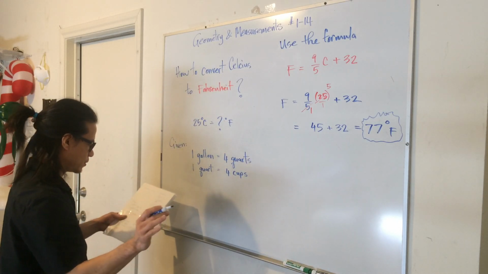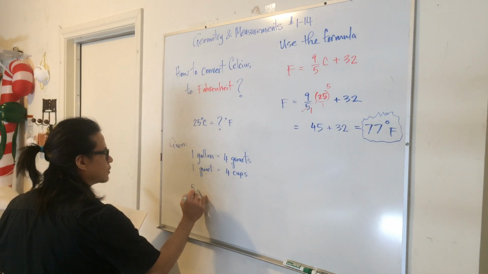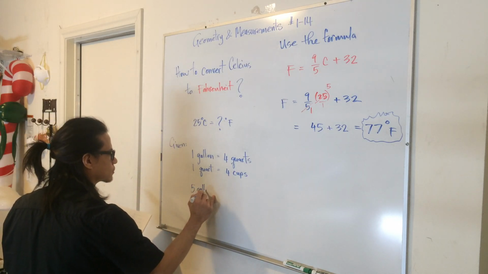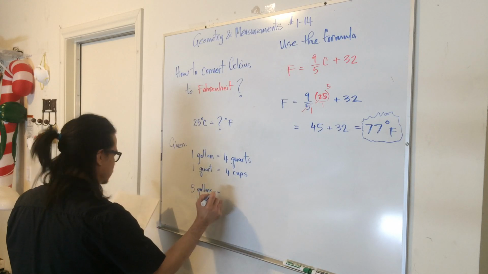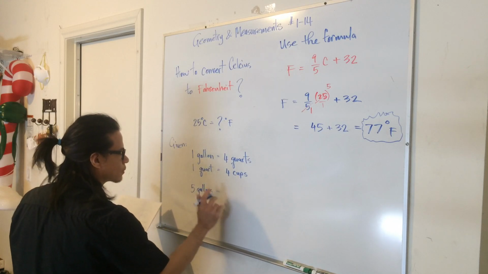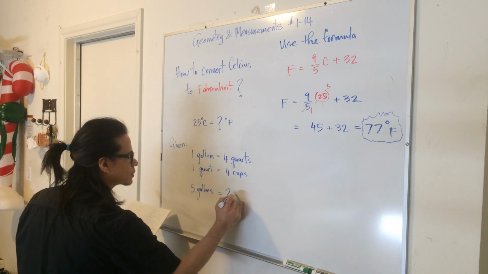Here's a question for you. 5 gallons is equal to how many cups?